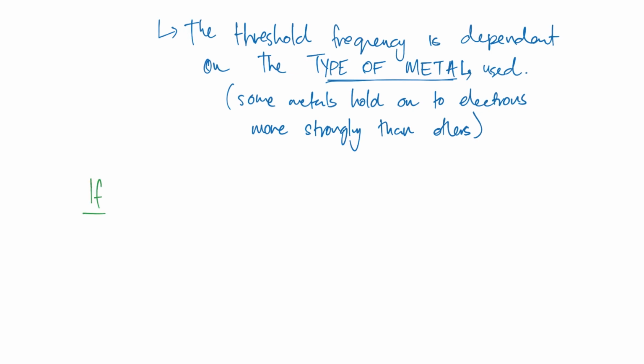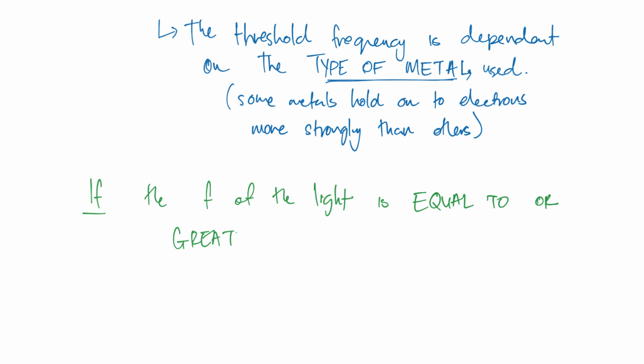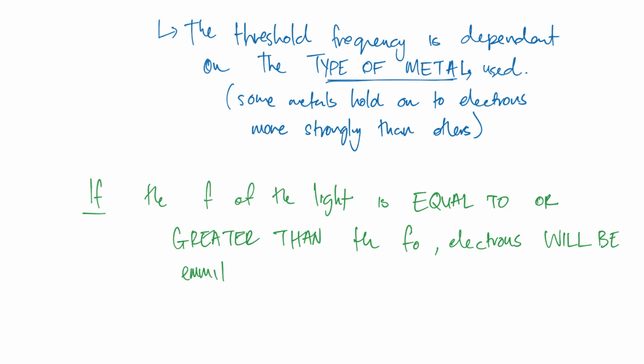Right. Then if the frequency of the light is equal to or greater than the threshold frequency, electrons will be emitted from the metal surface.